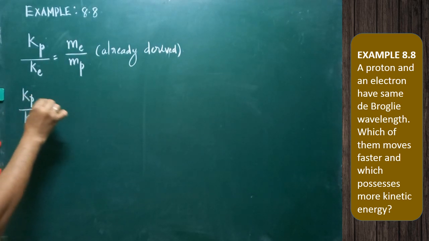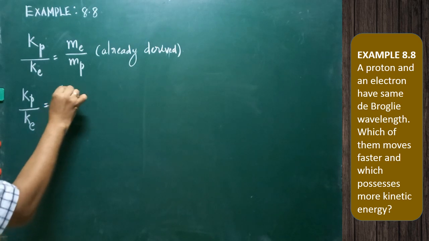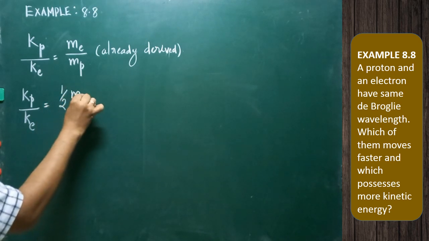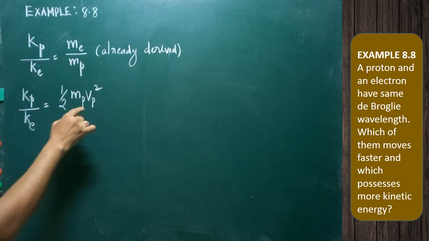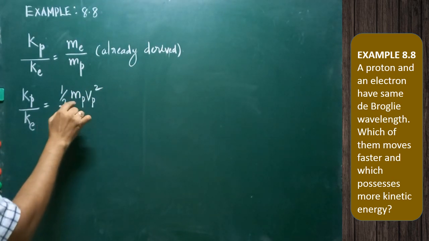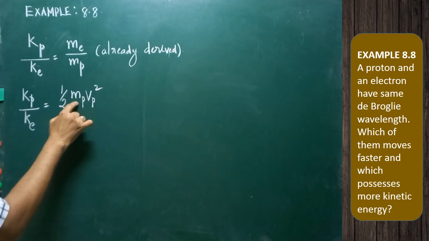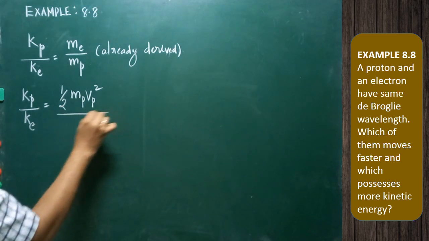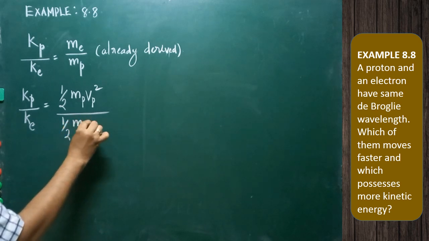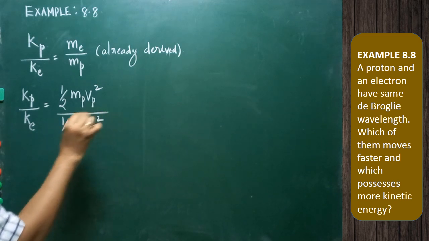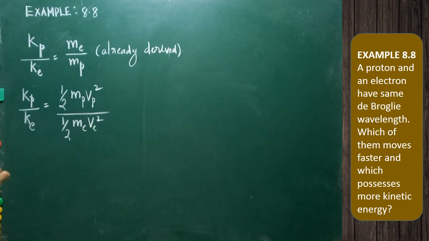You have to write the usual formula, that is half mp Vp square, the expression for kinetic energy of any moving body, for the proton, divided by the kinetic energy of the electron, half me Ve square.